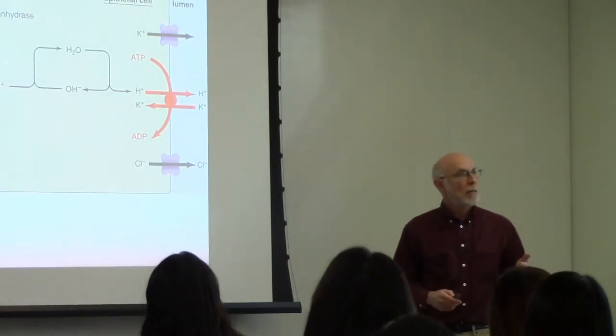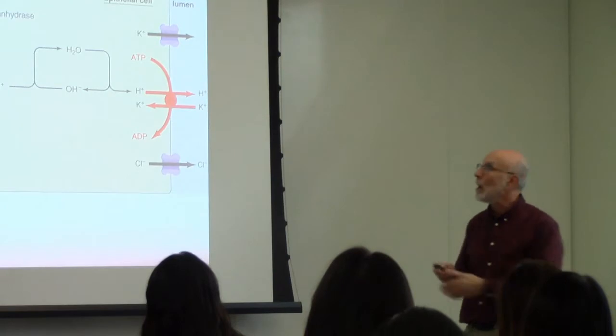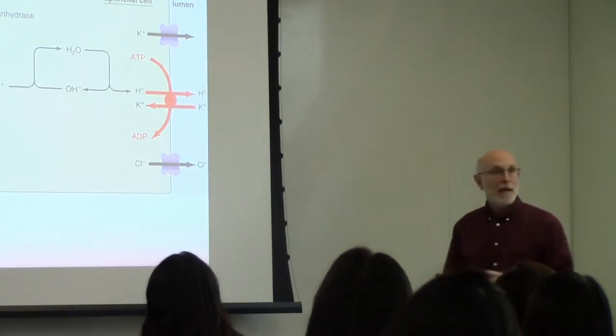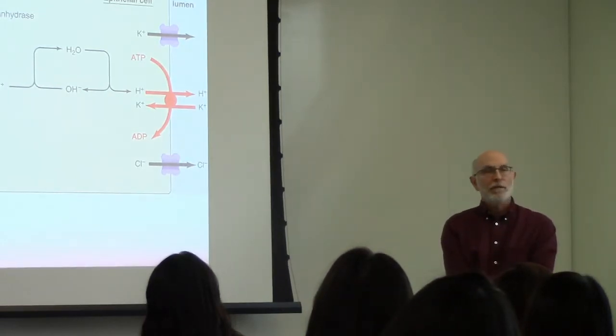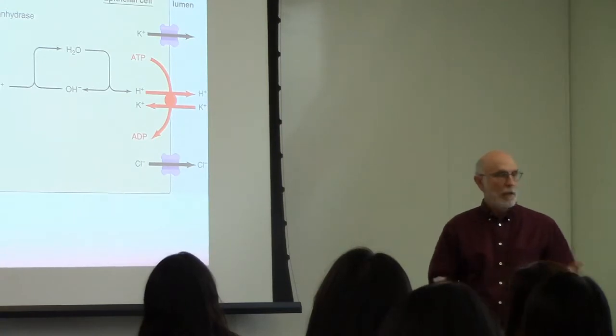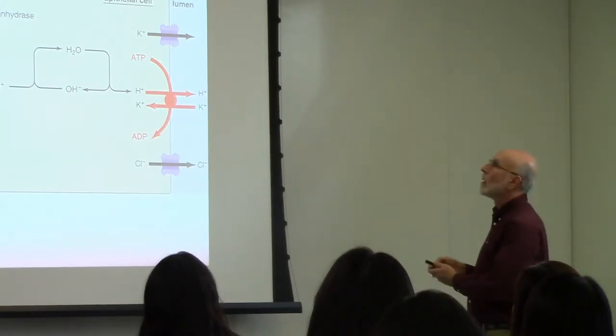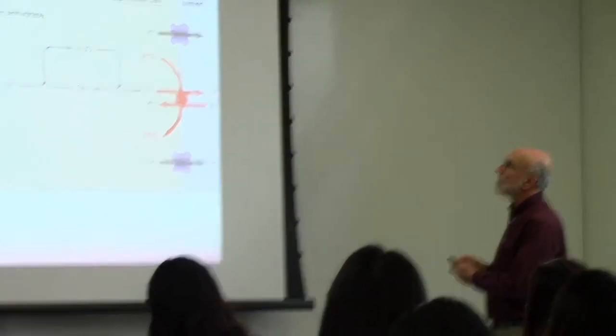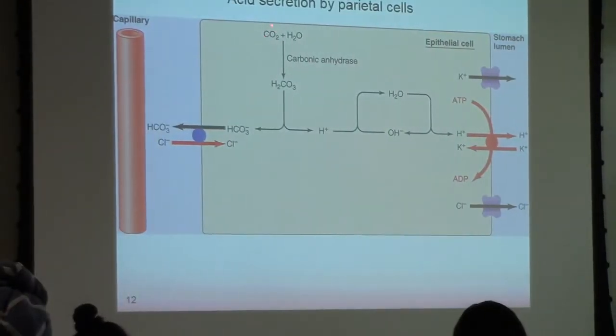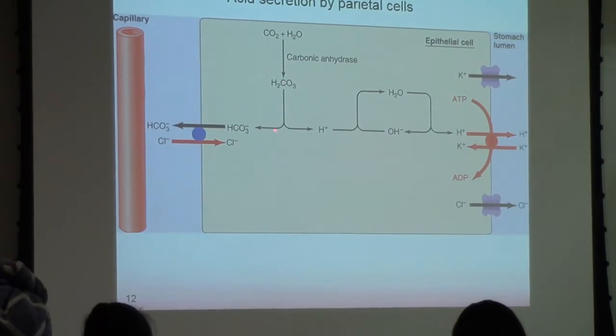And since carbon dioxide diffuses everywhere, the partial pressure of carbon dioxide in parietal cells is, I don't know if it's 40 millimeters of mercury, but there's carbon dioxide there. Carbonic anhydrase catalyzes the conversion of carbon dioxide into carbonic acid, which dissociates. This is a story that you've seen before.